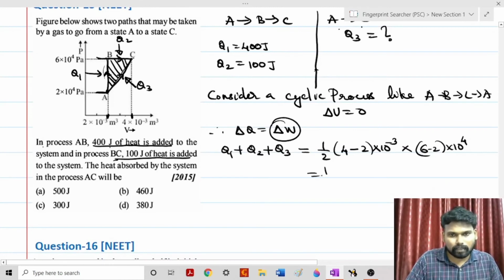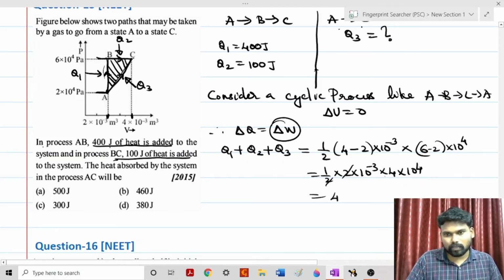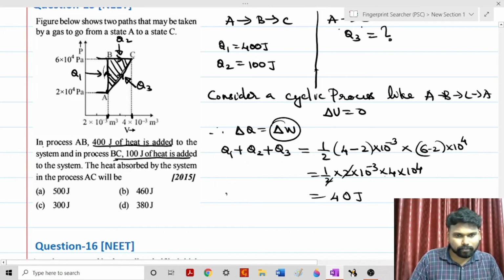So what will be the answer? Half into 2 into 10 raised to minus 3 into 4 into 10 raised to 4. So this 2 cancels, and it will be 4 into 10 raised to minus 3, 10 raised to 4, so it is 10 itself. So 40 joule will be the value of Q1 plus Q2 plus Q3.